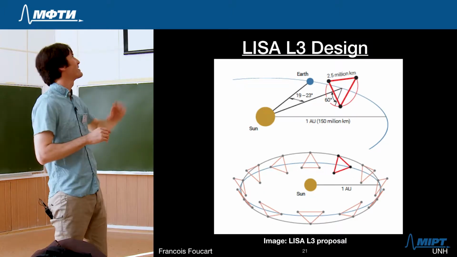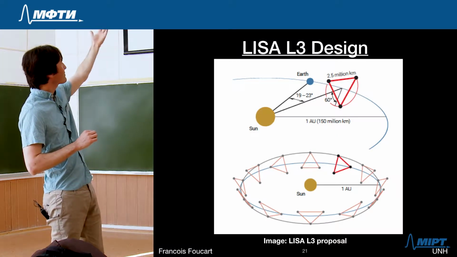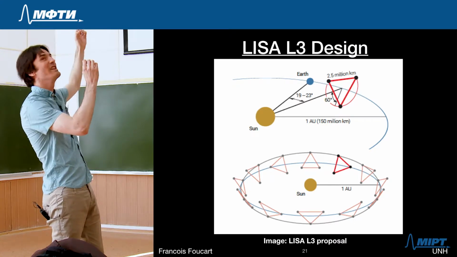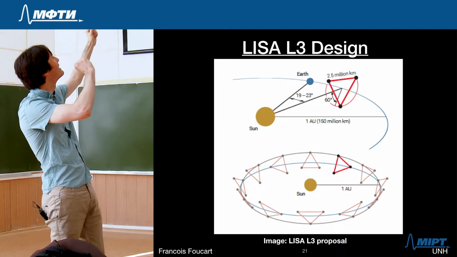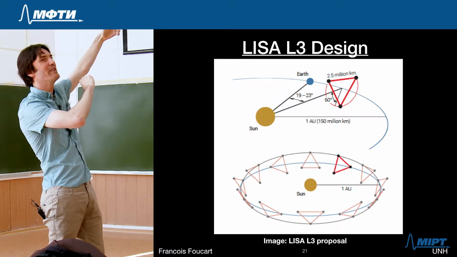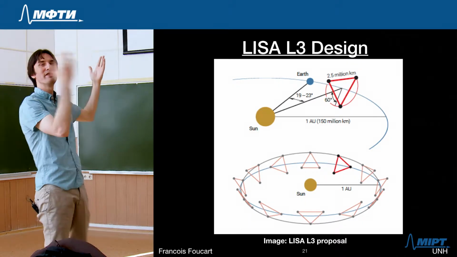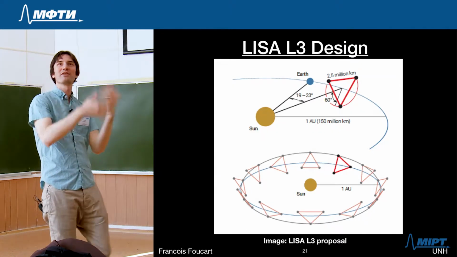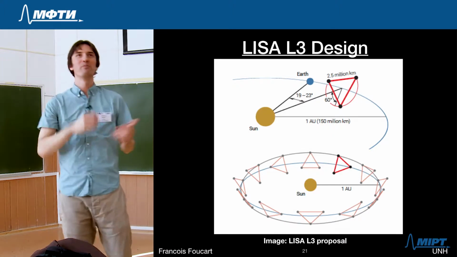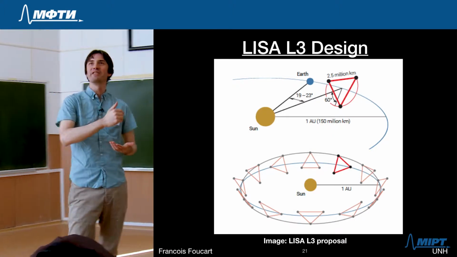So as a reminder, LISA is a constellation, as they call it, of 3 satellites, which is going to follow the Earth about 20 degrees behind the Earth in its orbit around the Sun. And in the latest iteration of LISA, but that changes occasionally depending on whether NASA is willing to put money in LISA or not, currently LISA is mostly funded by the European Space Agency.